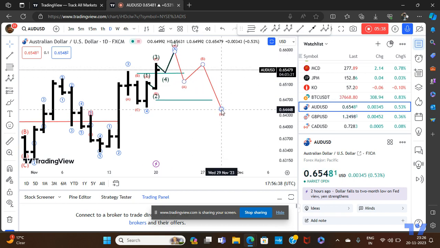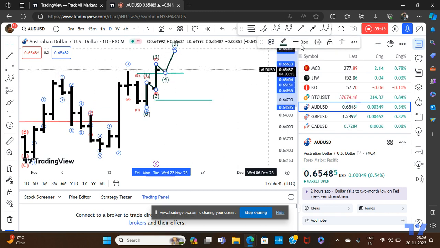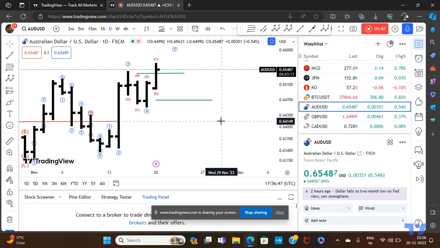Now, how to trade this? If I were trading this currency pair, then I would take this as my stop loss.